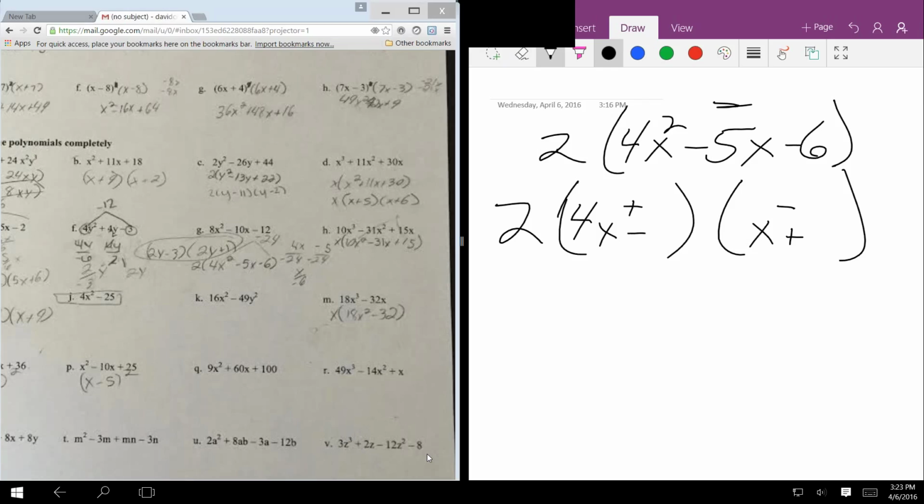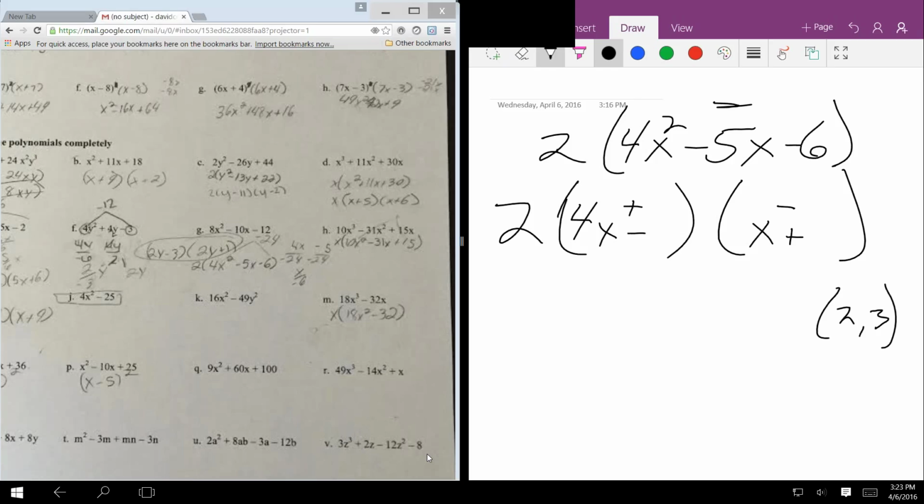I use the trial and error method, which is what I'm using right here. I'm still going to try the factors 2 and 3 for factors of 6.